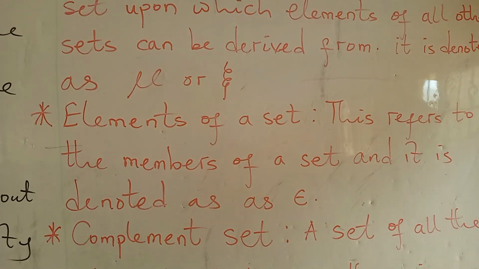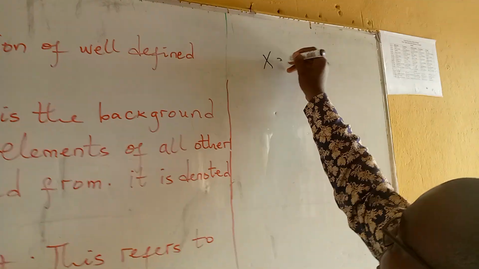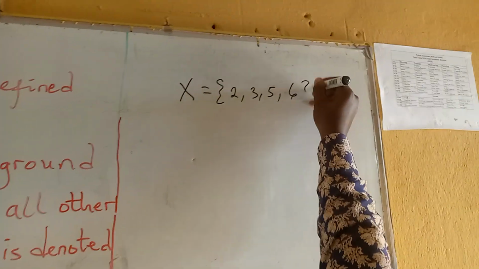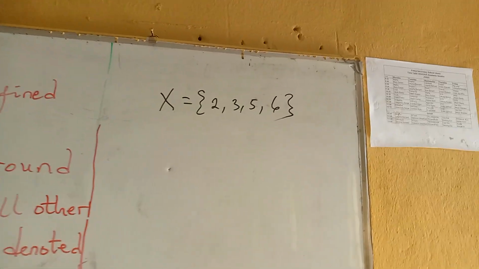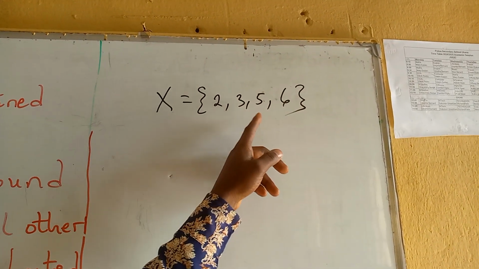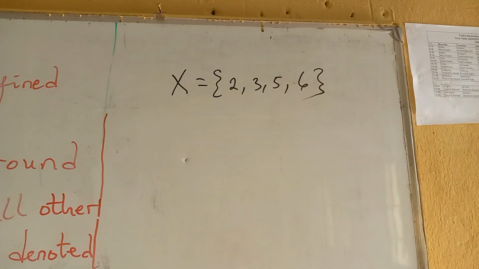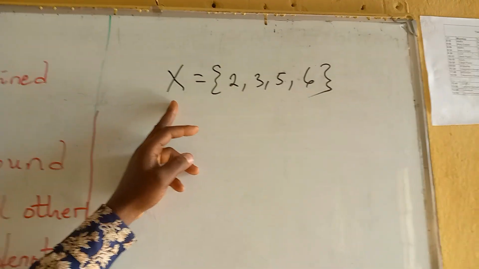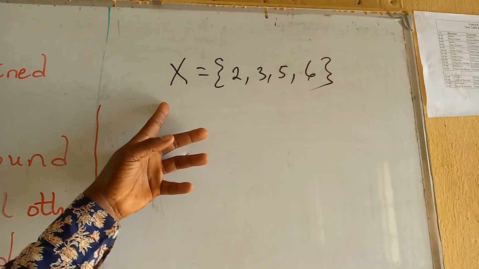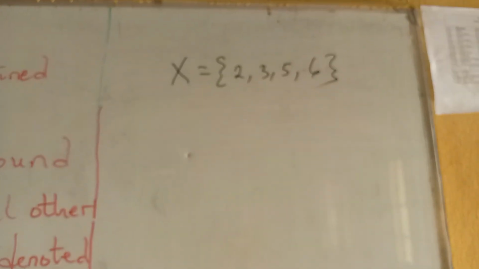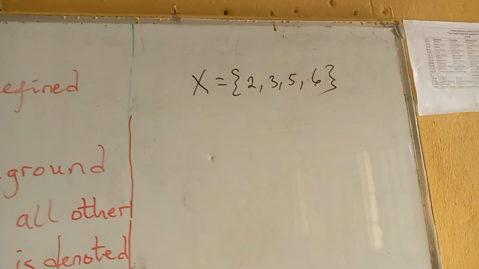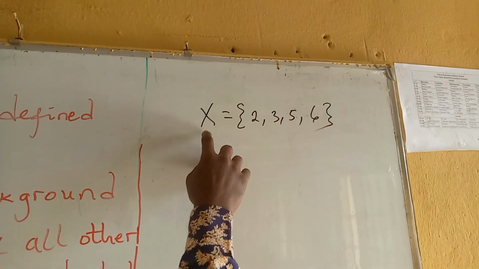For example, if you have X is equal to, let's say, 2, 3, 5, 6, all these numbers that are here, 2, 3, 5, 6, are called elements of the set X. In other words, they are members of the set X. So that is what we call elements of a set. They belong to this set X.